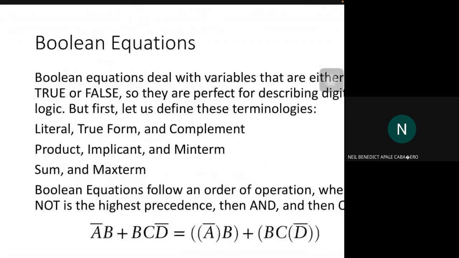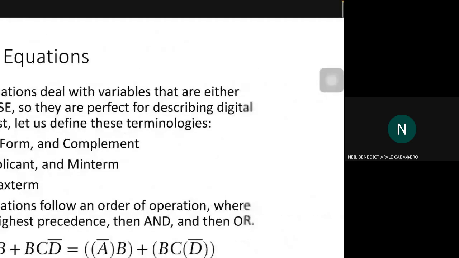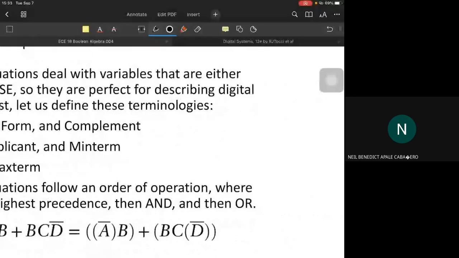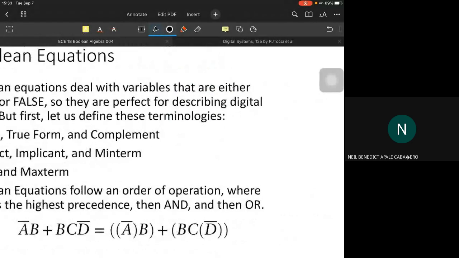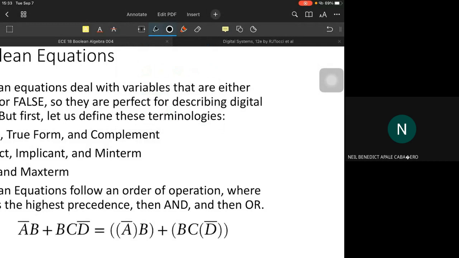So, first is complement. For example, A. The complement of A is A bar.